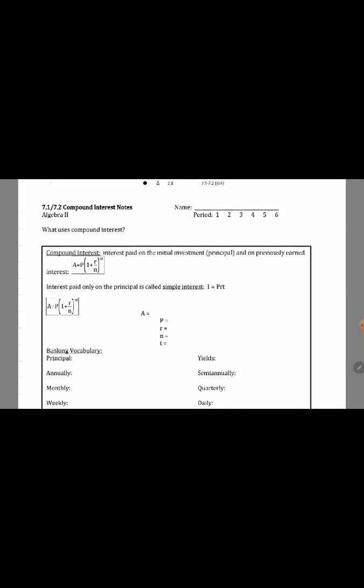Compound interest is interest paid on the initial investment and previously earned interest. Is this formula here. Where A is the principal. Or no, sorry, A is the final amount after you calculate interest and everything. P is the principal. R is the interest rate.